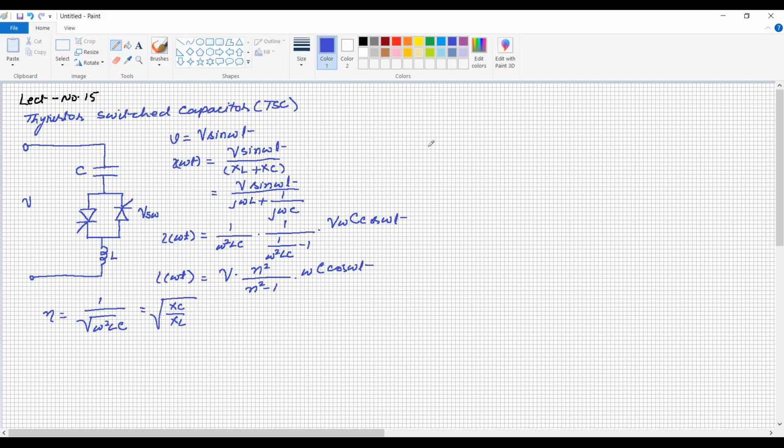Now, how can it be understood? Say, for example, the capacitor is switched on. Say, this is the voltage, the system voltage. This is the system voltage.